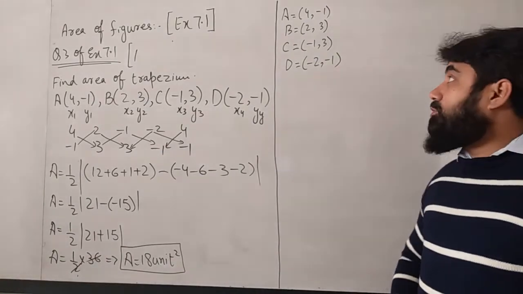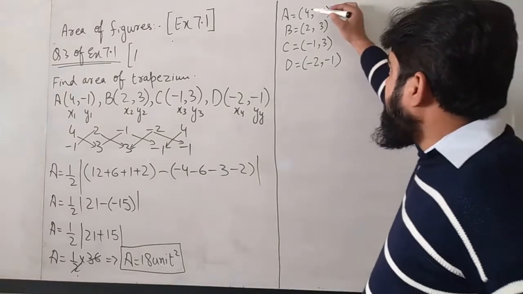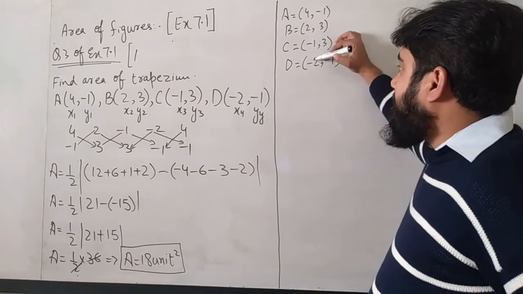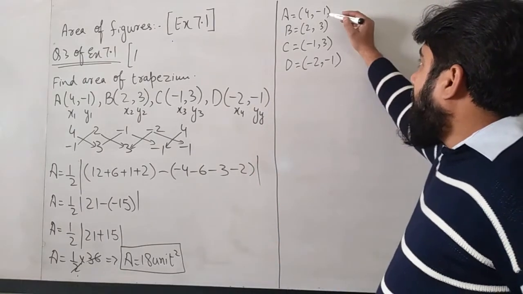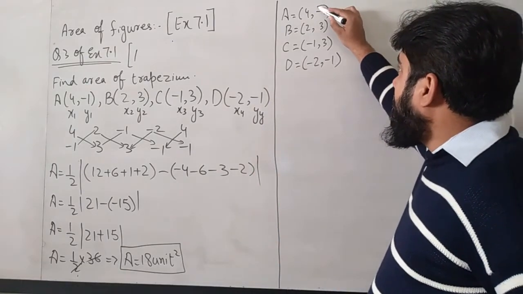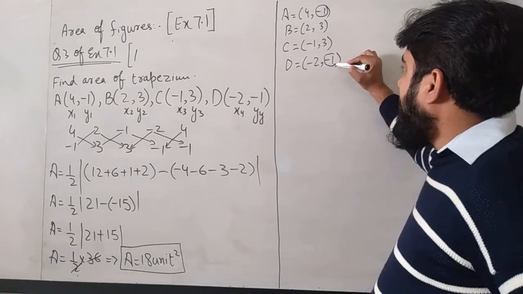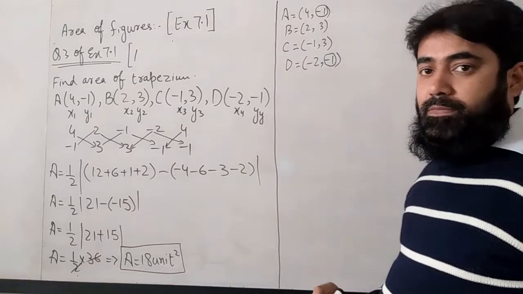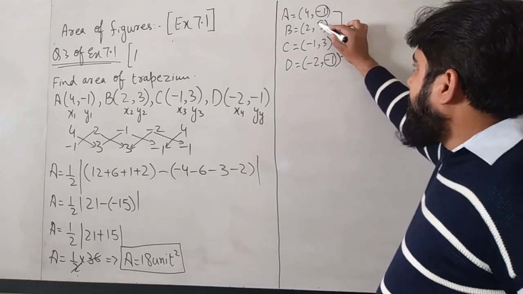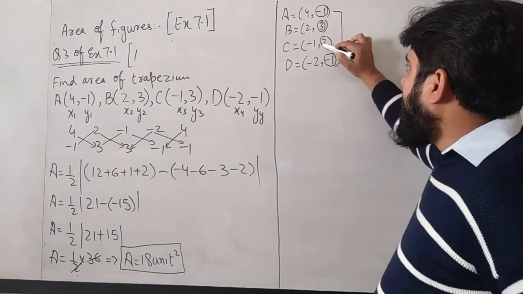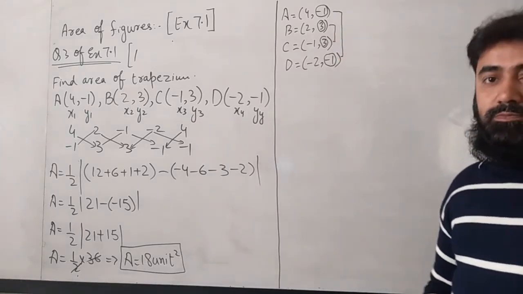Okay. So you can see over here that on the x-axis 4, 2, minus 1, minus 2, none of them are repeated. Okay. On the y-axis, minus 1 is here, so I have these two. And 3 and 3, I have marked these two.